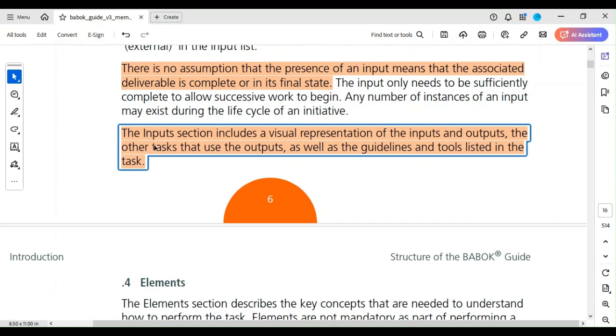Then it also includes the other tasks that use the output. So whatever you bring out would be used. Remember, at the initial stage, we were told that the output of any knowledge area forms input to other areas. And it also contains guidelines and tools listed in the task.